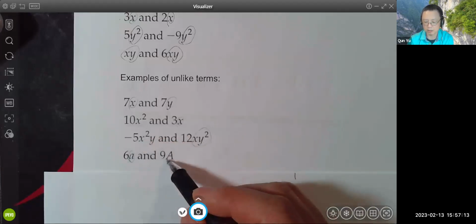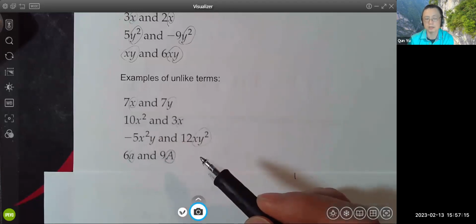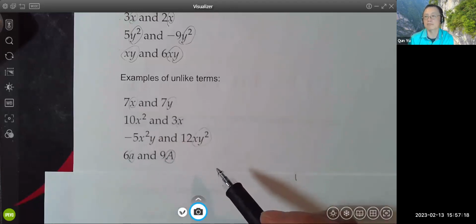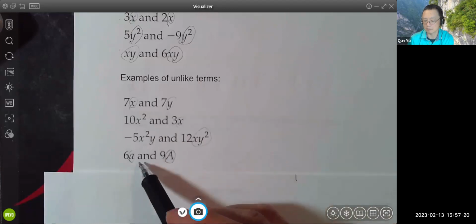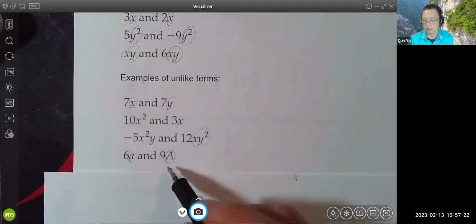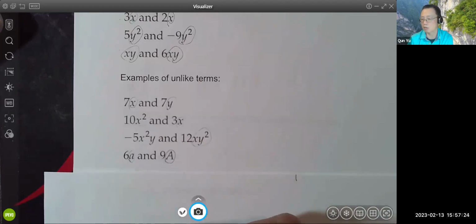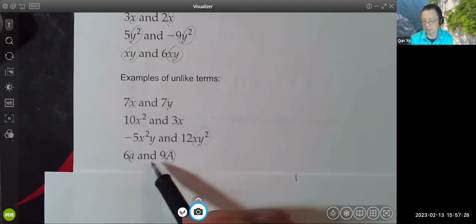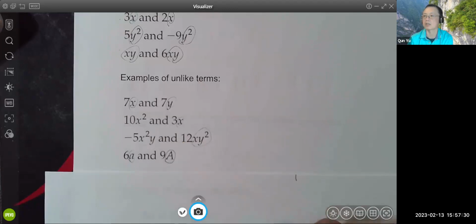And this one particularly you need to pay attention to. This is not English, this is mathematics. And in mathematics, sometimes lowercase and capital case of the same letter represent totally different things. So don't treat them the same. These are two different variables. As a result, they are unlike terms.